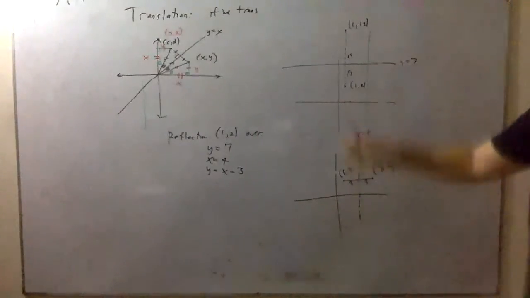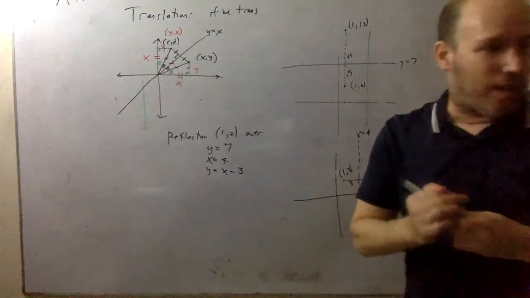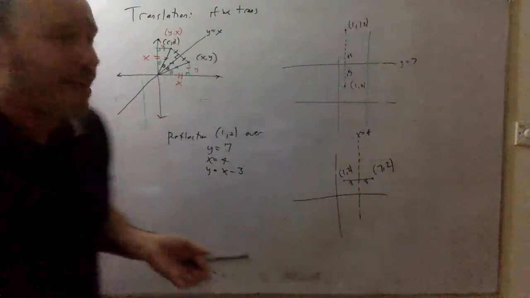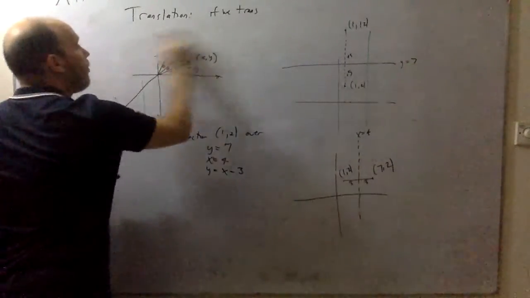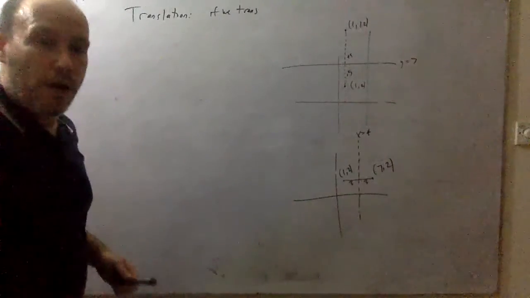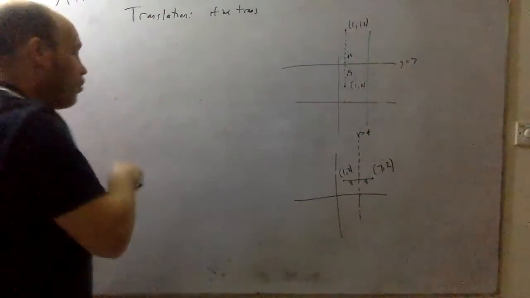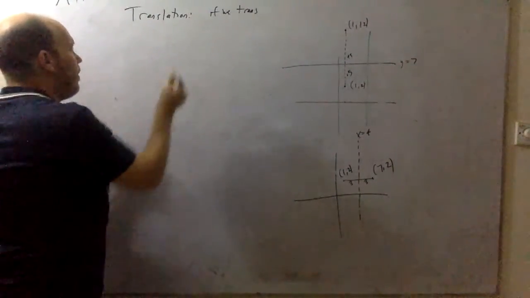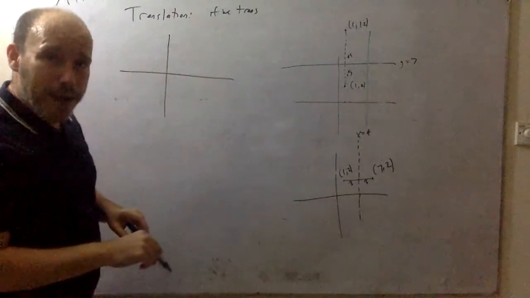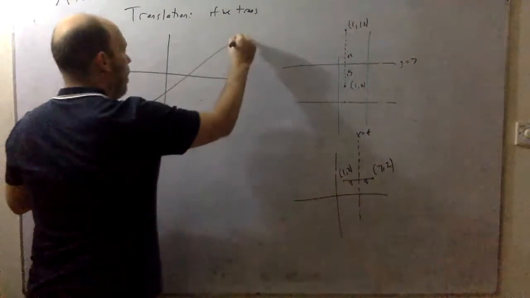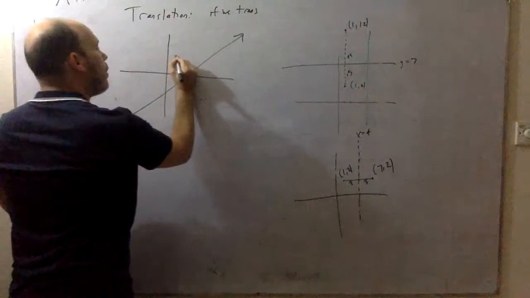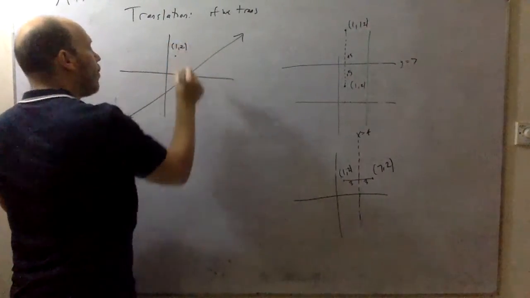Nice. Now here's the challenge. Kids get confused about this, and it's really not going to show up anywhere. It's a little old school, but I like it. Let's see what's going on here. We have the line y equals x minus 3. Okay, and the question was (1, 2) over that.